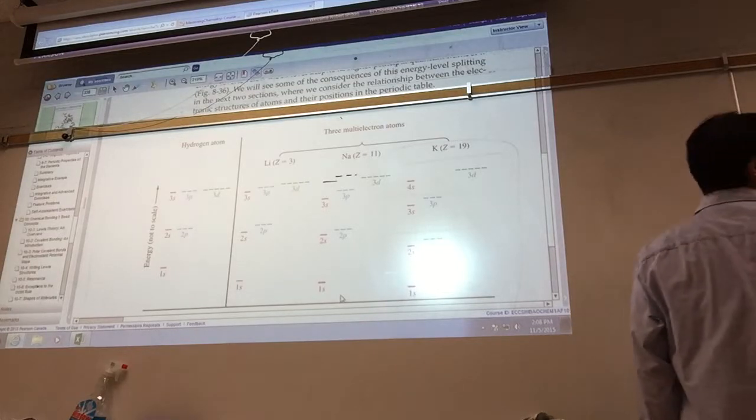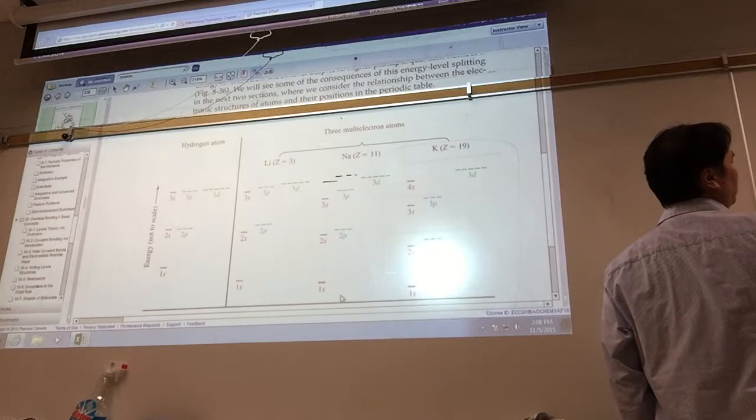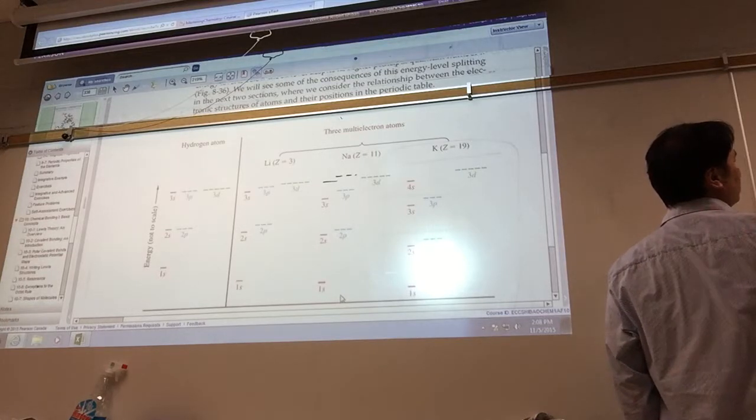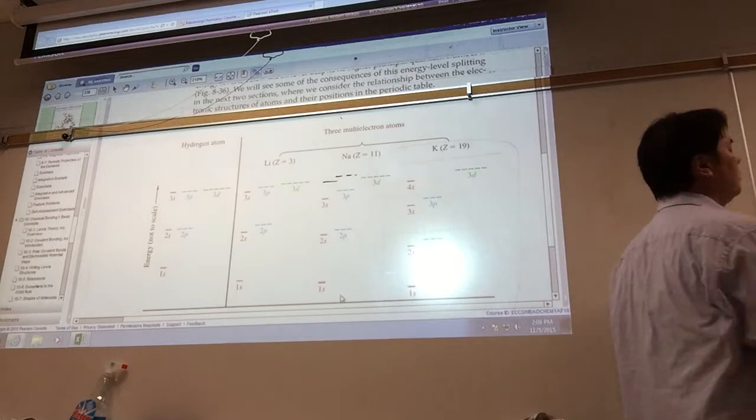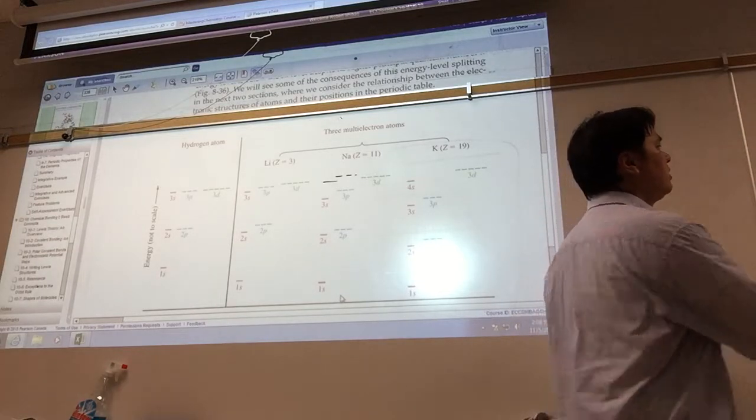And then we pop up a little higher. We hit the 3s, which is 300, and then the 3p's. The 3p's will have the 3, 1, negative 1, 3, 1, 0, and 3, 1, 1. Those are my 3p orbitals. That's in the third shell.